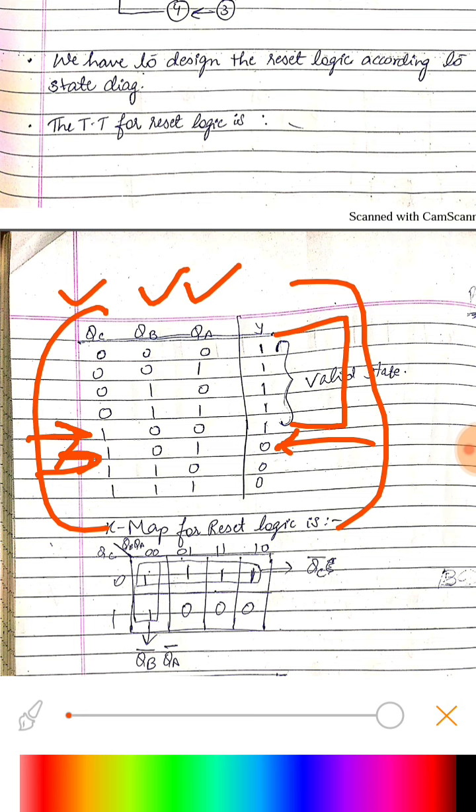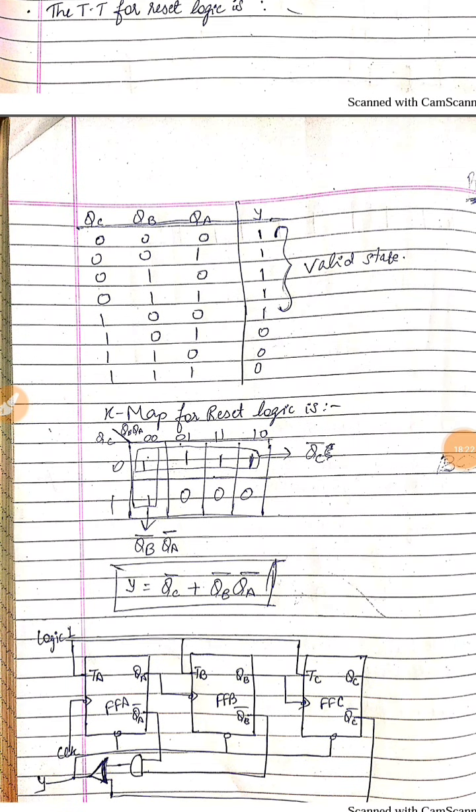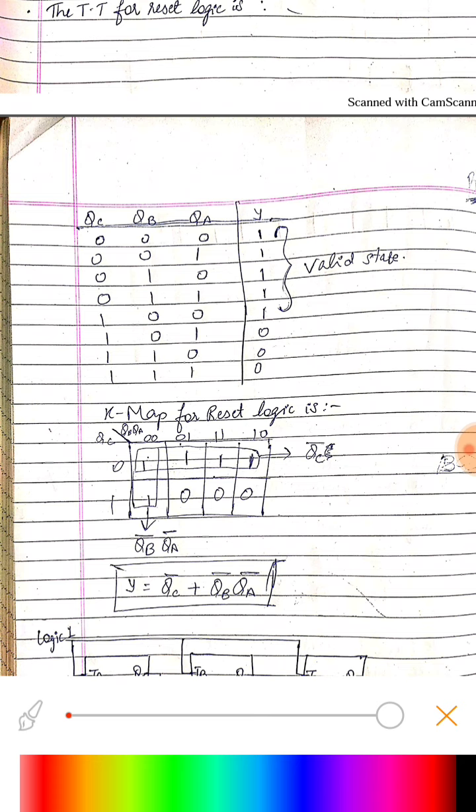We would calculate the algebraic expression for this reset or clear output y using the K-map. Here we would need an 8-cell K-map, as we have 3 inputs, QA, QB and QC, and our output comes out to be QC bar plus QB bar into QA bar.